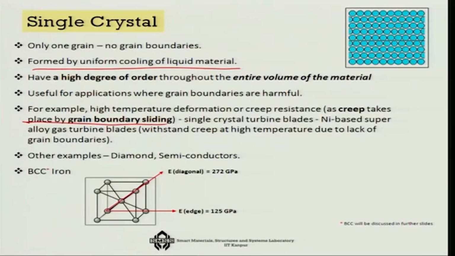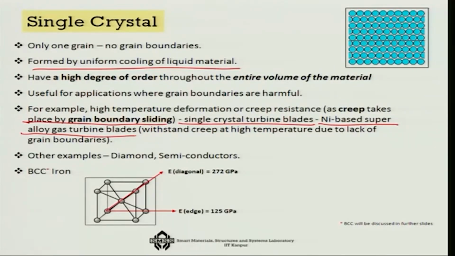Okay. So, if you can develop single crystal turbine blades, for example, Ni based superalloy gas turbine blades, a single crystal of nickel or single crystal of titanium blades, these are actually very good in terms of creep strength. So, that is another application of a single crystal structure.